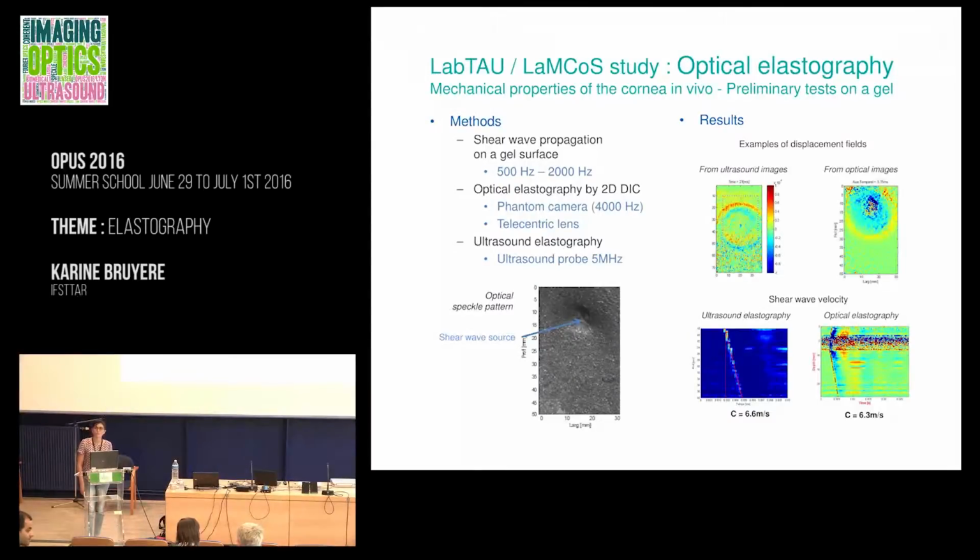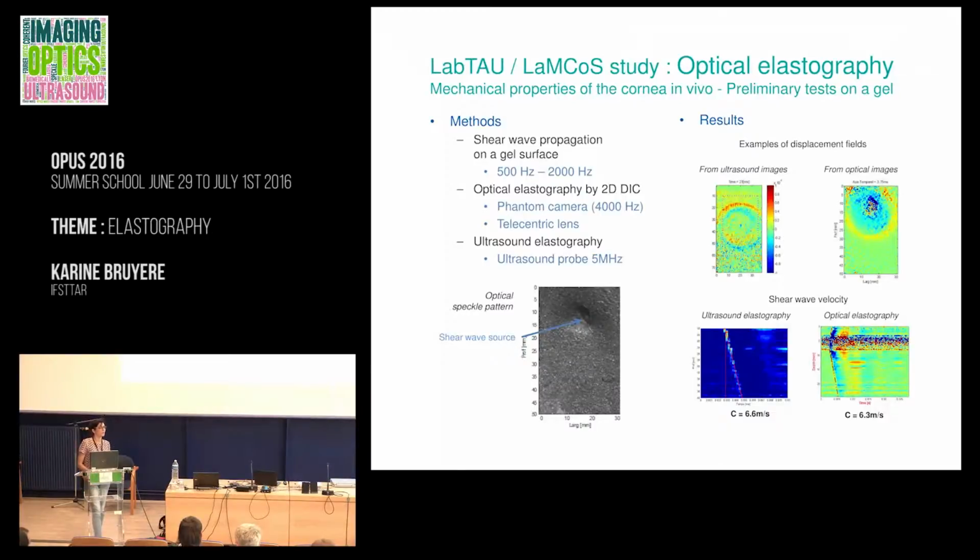So really the last question. It's about the speckle. You show the speckle image of the gel surface, as I understand. In the case of the cornea, it's a completely transparent medium. So how will you get speckle from the cornea? It's a preliminary test on a gel, so it already has a texture in the image. On the cornea in vivo, I'm not sure.